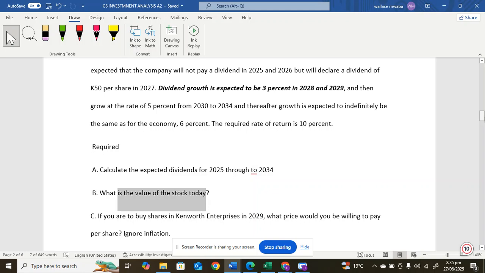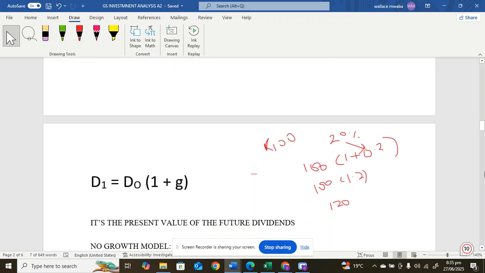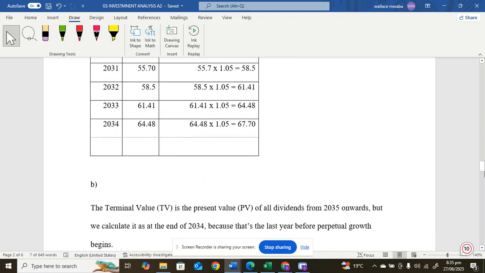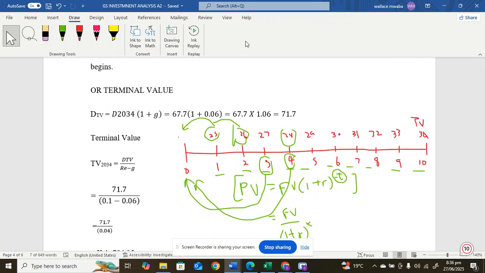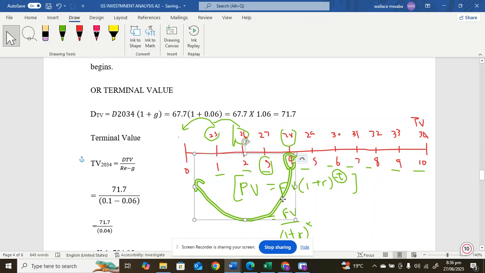And we're using the formula we used in the time value of money, where you say present value equals future value times (1 plus r) to the power negative t.